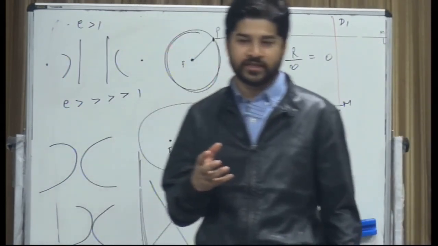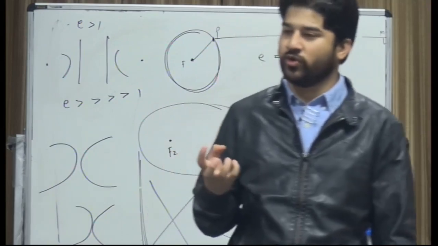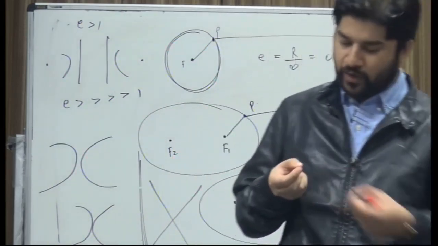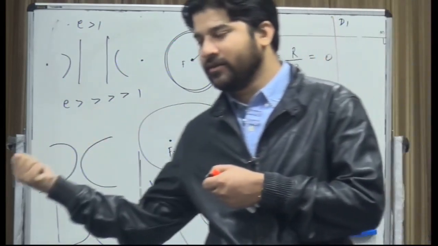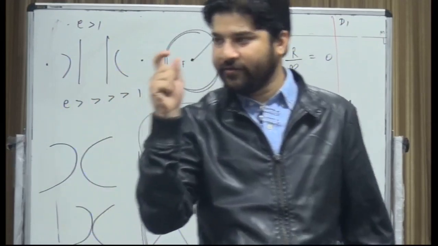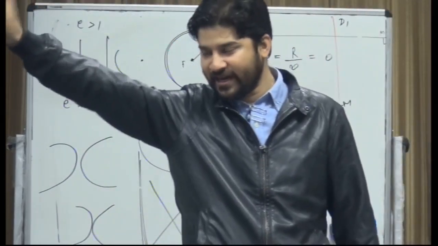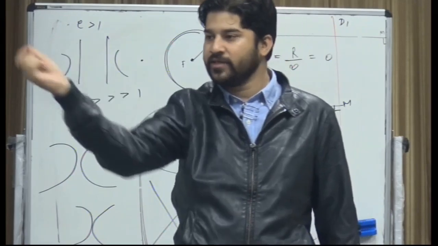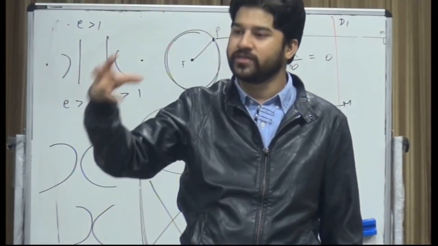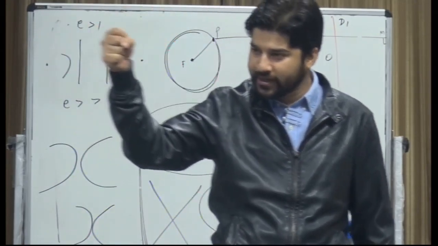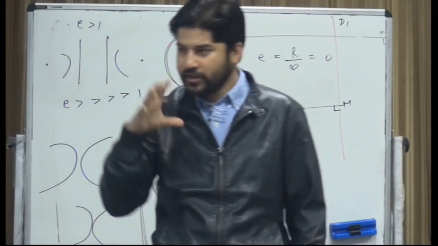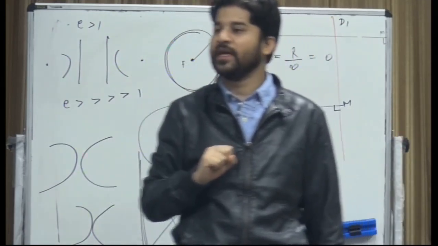The story of eccentricity starts with the ratio of the distance of the moving point from the fixed point and from the fixed line. And if your directrix, the fixed line, is lying at infinity, it means you are getting a curve which is called a circle. Now you are bringing that directrix closer, then your circle is deforming into an ellipse.